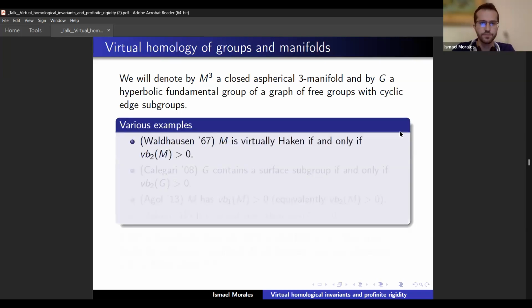Just to see examples of reformulations of strong topological properties in terms of virtual homology, there's an old result of Waldhausen, probably already known by then, that M is virtually Haken if and only if the virtual second Betti number of M is positive.